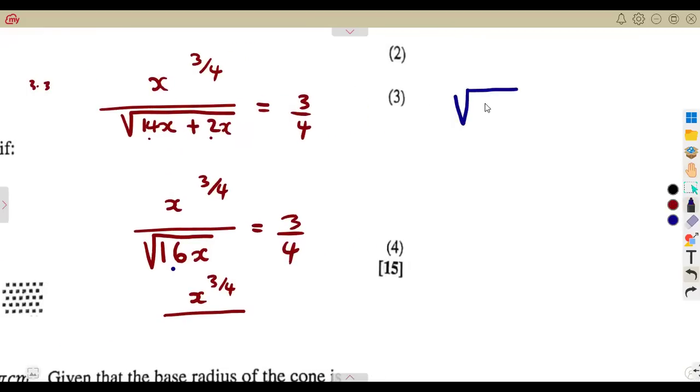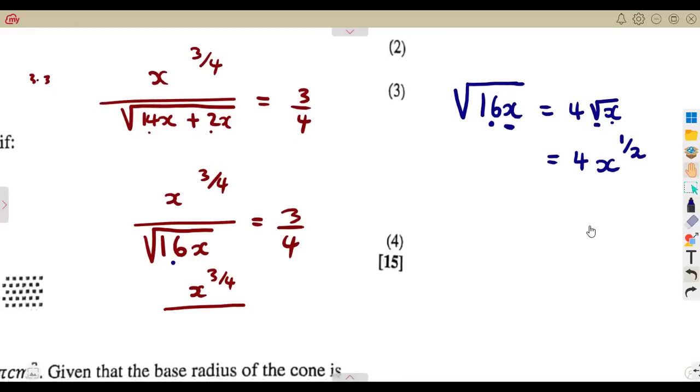We have got the square root of 16x like this. We can obtain the square root of 16, which is 4. But the question is, can we obtain the square root of x? No, we can't. So it will remain under the square root, where we do understand from our laws of exponents that the square root of x means x to the exponent of a half.